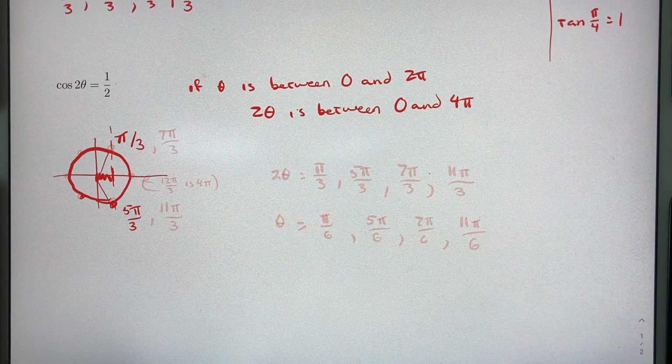So 2 theta can be those, but you can also go around more than once: 6 pi over 3, 7 pi over 3, 8 pi over 3, 9 pi over 3, 10 pi over 3, 11 pi over 3. 12 pi over 3 would be 4 pi.